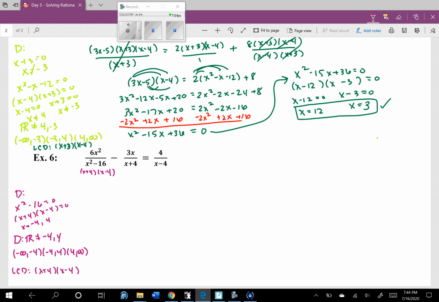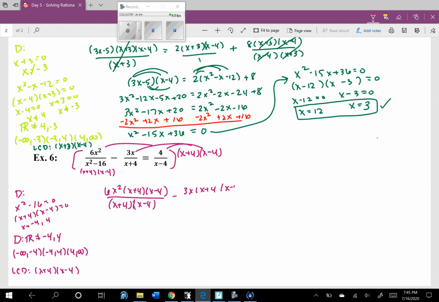So when we multiply that by all the numerators, we would get 6x squared times x plus 4 times x minus 4 over x plus 4 times x minus 4, minus 3x times x plus 4 times x minus 4 over x plus 4 equals 4 times x plus 4 times x minus 4 over x minus 4.